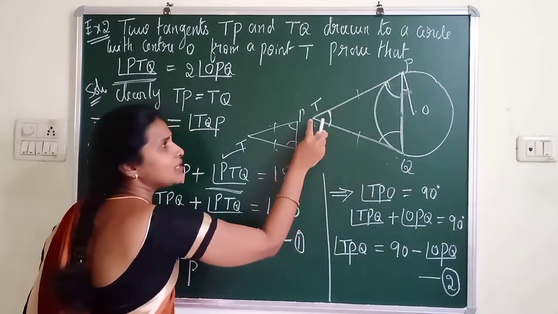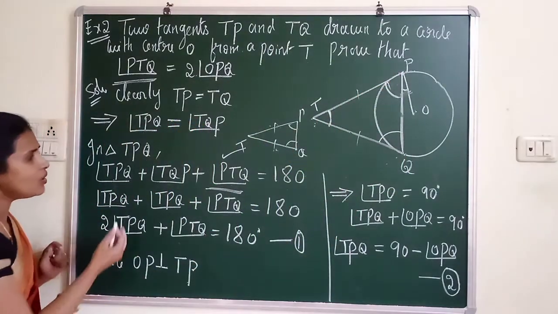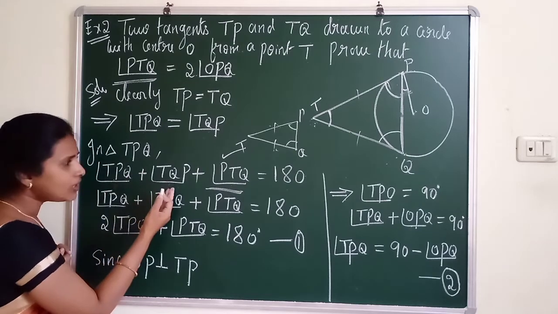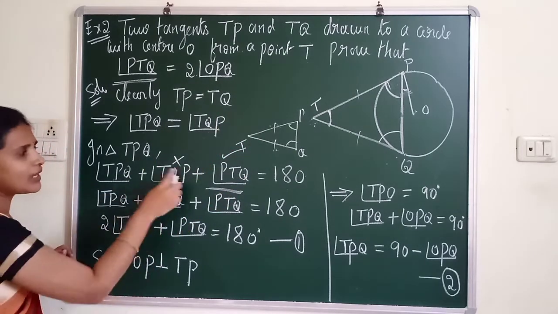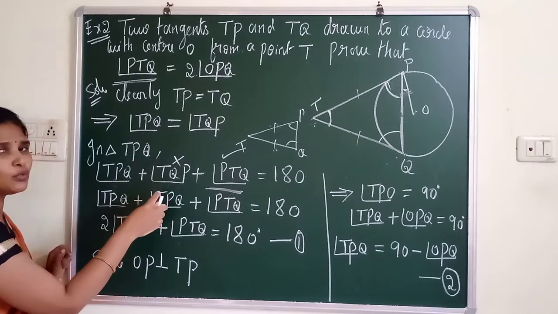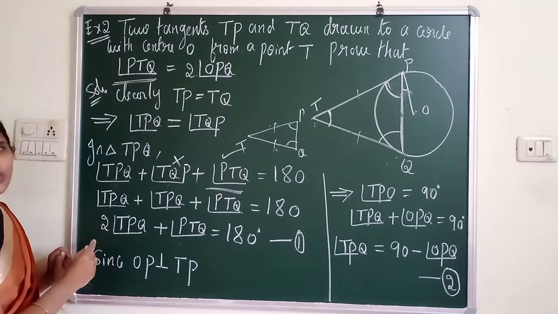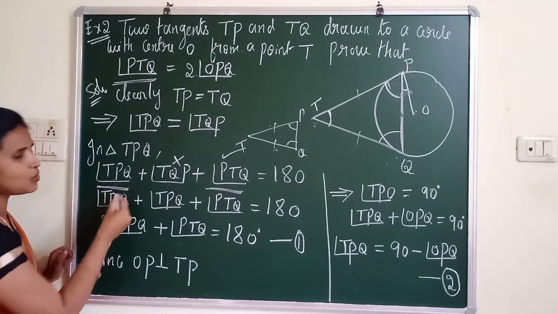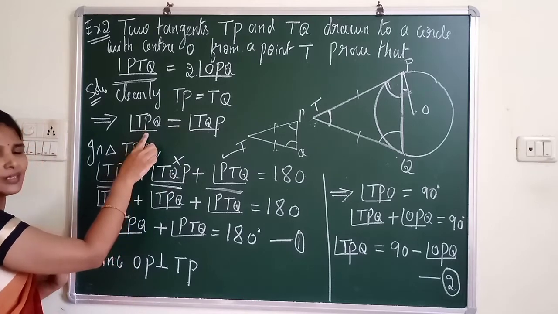OPQ is associated with TPQ. Now you can get the idea whether you want TPQ or TQP. TQP is not associated with OPQ, so I can neglect this. But how to remove this? By using this. So TPQ is along with OPQ, so keep this TPQ as it is, and TQP can be changed to TPQ.